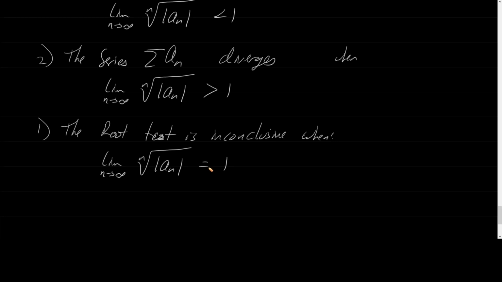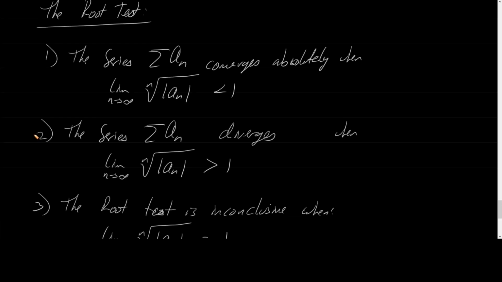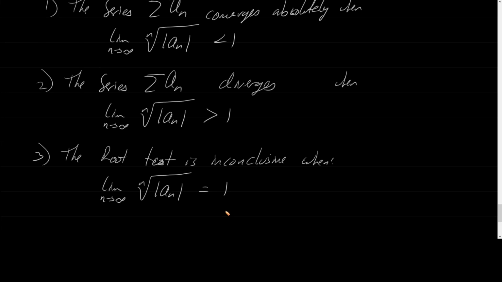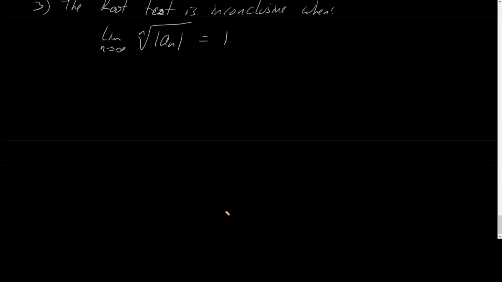All right. So those are our three different outcomes for the root test. And notice it's very similar to what the ratio test was. When it was less than 1, it converged absolutely. When it was greater than 1, it diverged. And when it was equal to 1, it was inconclusive. So let's look at some examples here.